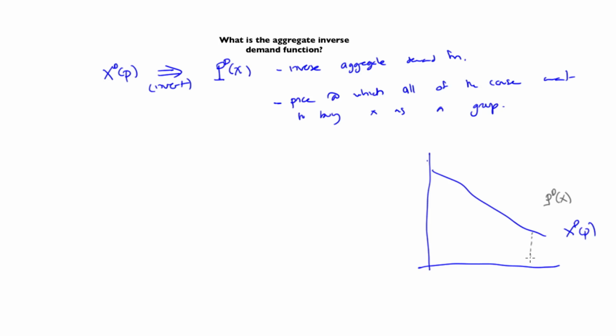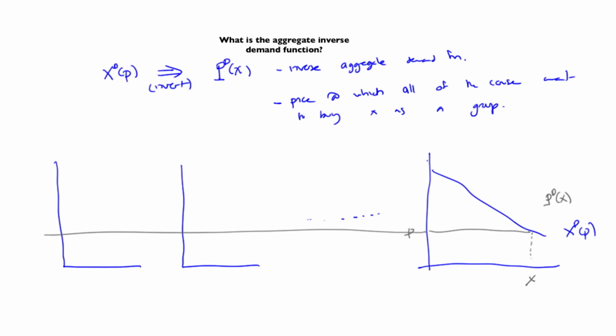And what this is telling us is what is the price P at which the market as a whole buys X. And a way of deconstructing this, say, I'm just going to plot two of the consumers for you here, is that if we were to bring back the price to the individual consumer diagrams, what we will have is that this will give us the quantity that the first consumer wants to buy, the quantity that the second consumer wants to buy, etc., that when we sum them at that price will give us exactly the quantity X that we are looking for. Okay.